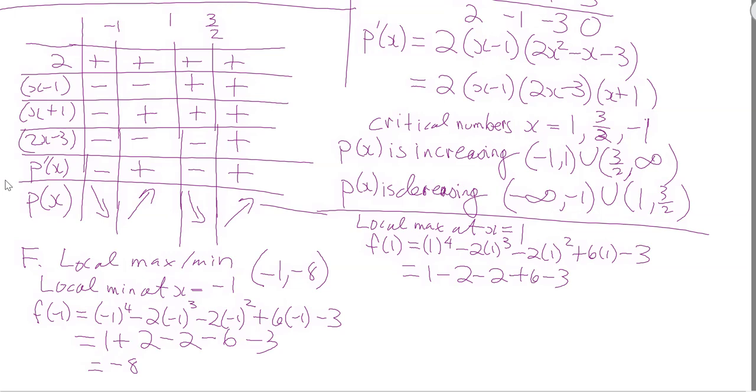We got 7, that's 0. So local max at 1 is 0. And a local min at 3 halves. Why 3 halves?